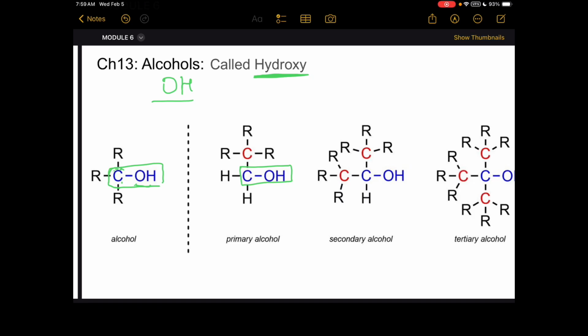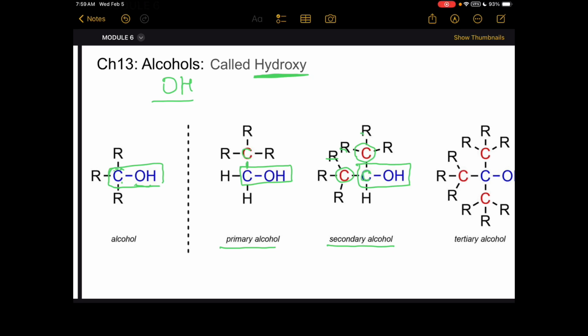If that carbon is attached to just one other carbon, we call it a primary alcohol. If your center carbon with the OH functional group is attached to two carbons, then we call it a secondary alcohol. We really don't care about what is farther out, but we care about what is connected to the center carbon.